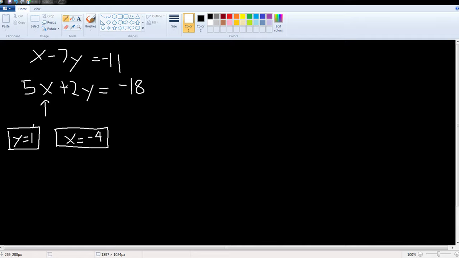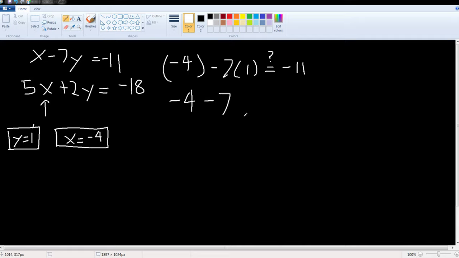Now to check, I just plug these values back into the equations and see if they actually match, if the left side matches the right side. So if x is equal to -4, y is equal to 1, our first equation would be -4 minus 7 times 1. Is this equal to -11? I put a question mark there because we're still checking. -4 minus 7.